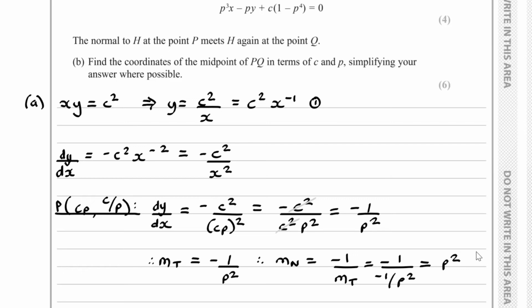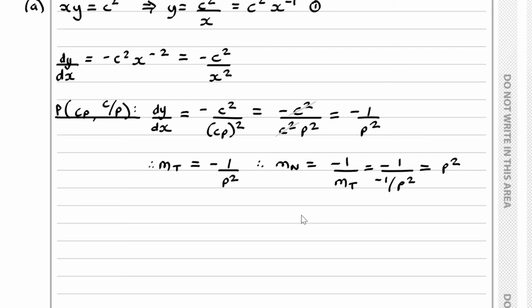And therefore, using y minus y1 equals m lots of x minus x1, we can say that y minus c over p is equal to p squared lots of x minus cp. Okay? And if we multiply through by p, so let's just write this down.